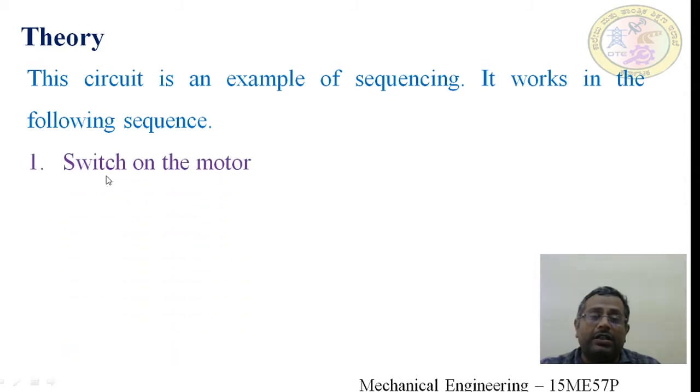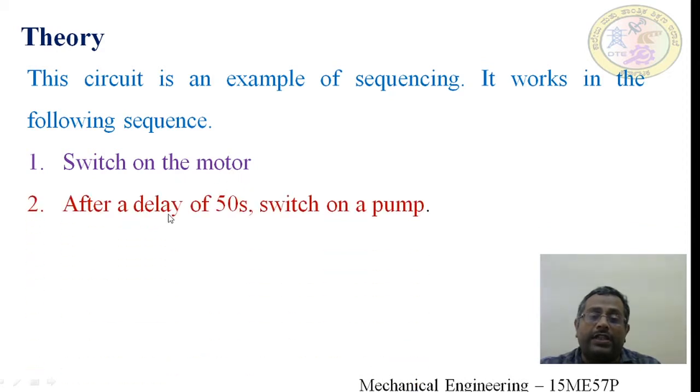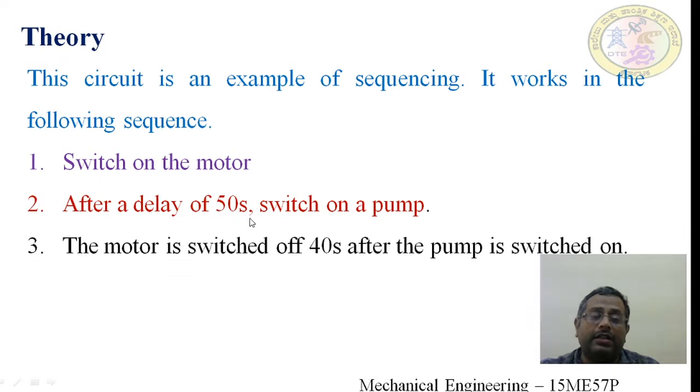First, when you switch on the input button, the motor will switch on. After a delay of 50 seconds after the motor switches on, the pump will switch on. Means there will be a delay between motor and pump switch on for a period of 50 seconds. Then the motor is switched off 40 seconds after the pump is switched on.